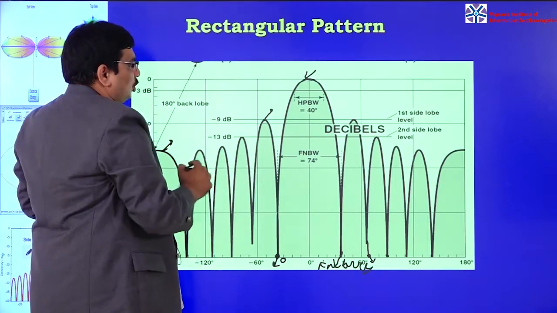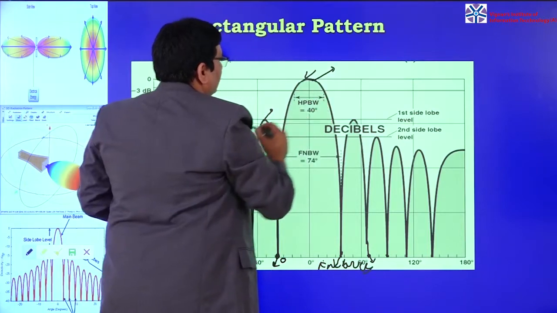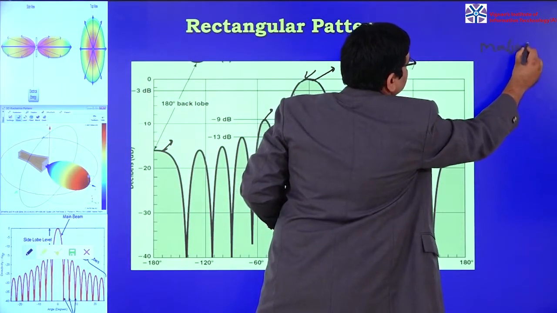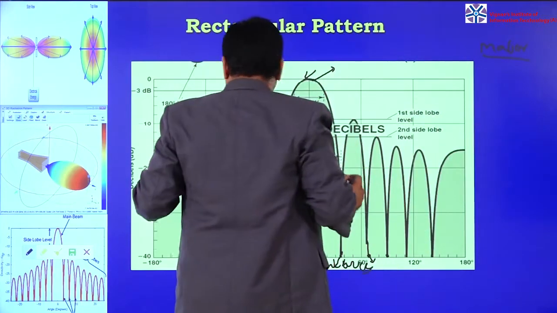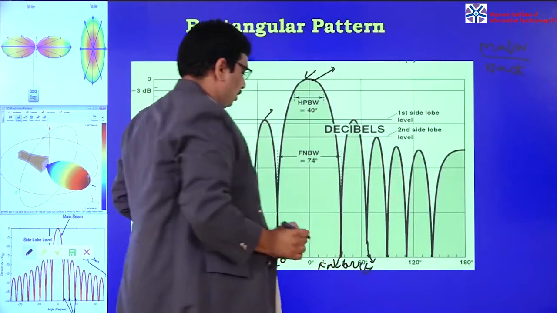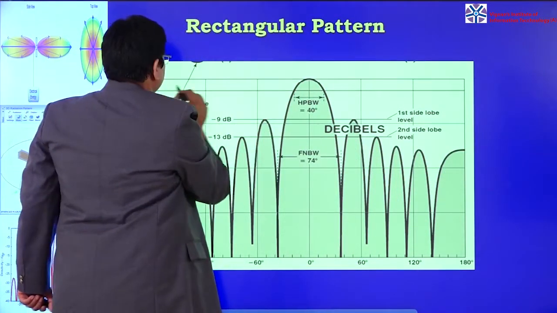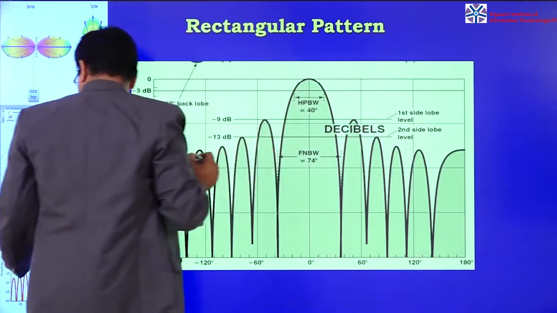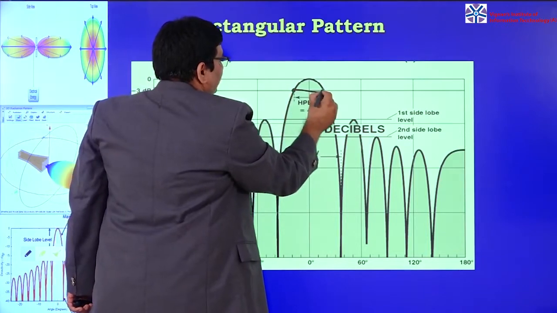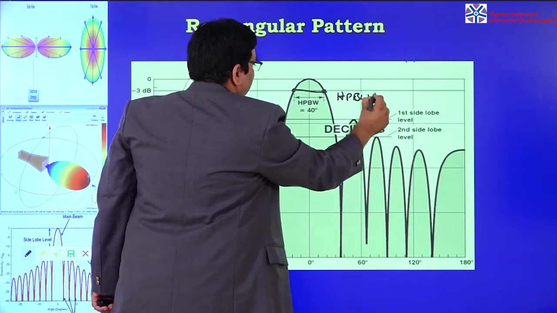This is the first side lobe level and this is the back lobe. The ratio of the major beam to your back lobe is called front to back ratio. And if you draw a line at the 3 dB line, the angular difference between these 2 points is called the half power beam width.